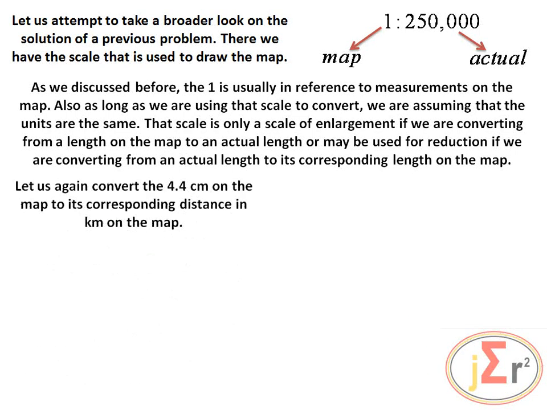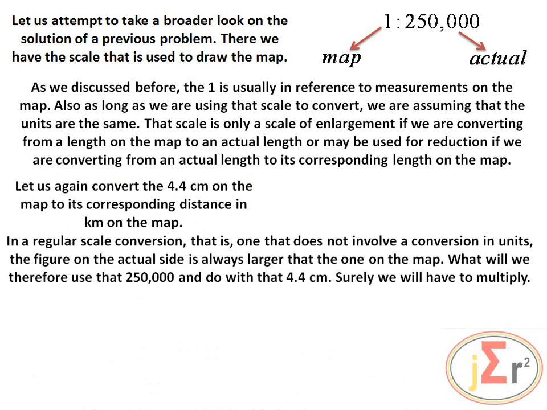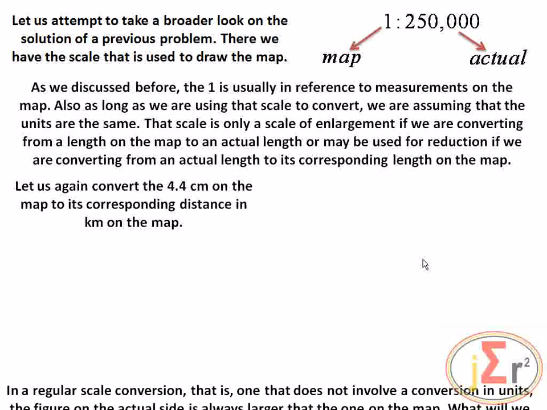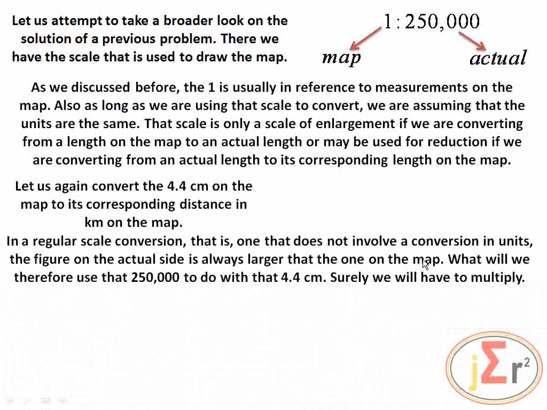Let us again convert the 4.4 centimeters on the map to its corresponding distance in kilometers in actuality. So go straight ahead and do that. In a regular scale conversion, that is, one that does not involve a conversion in units, the figure on the actual side is always larger than the one on the map.